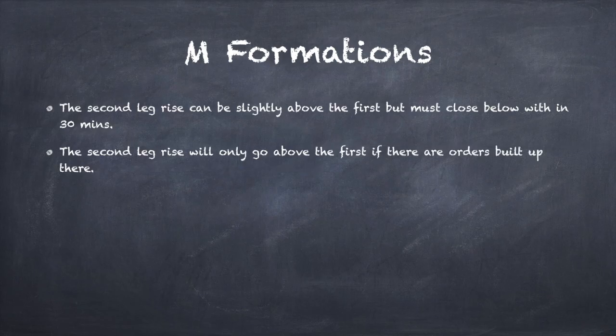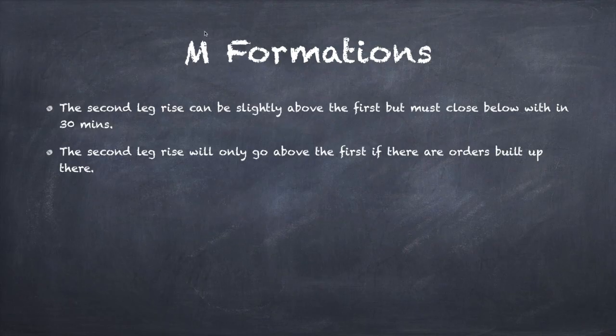The second leg rise will only go above the first if there are orders built up above there. So if there are a lot of orders here that the market maker sees, let's say some buy stop orders all throughout here, that's why they're going up to get it.